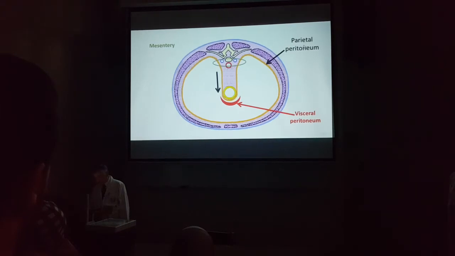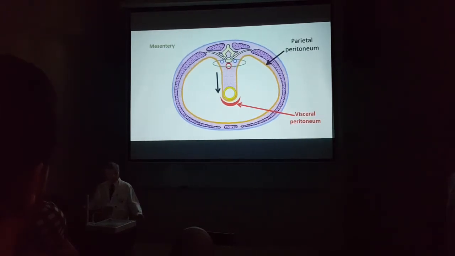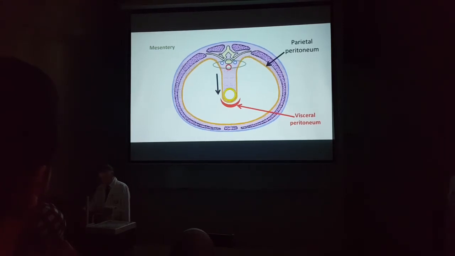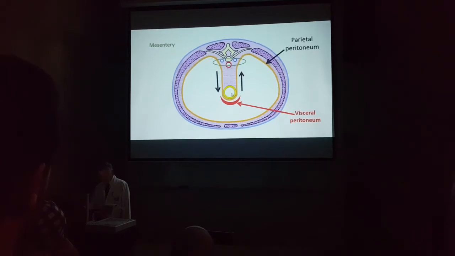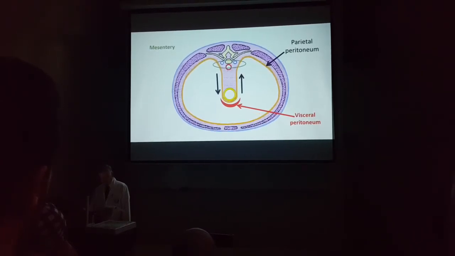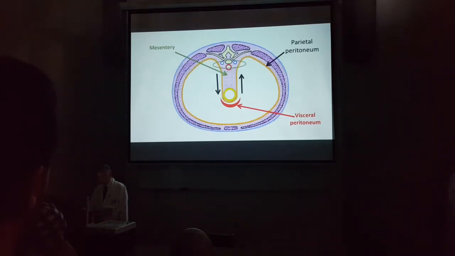Not parietal peritoneum, which is a peritoneum covering an abdominal wall. Then this visceral peritoneum will go back to the posterior abdominal wall, and this is called a mesentery.